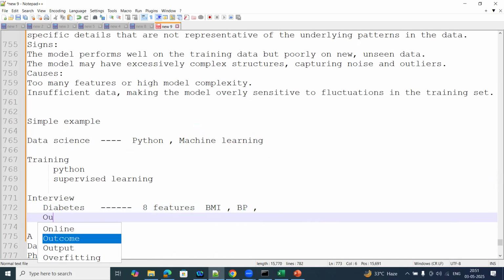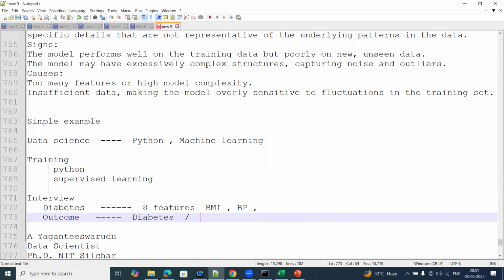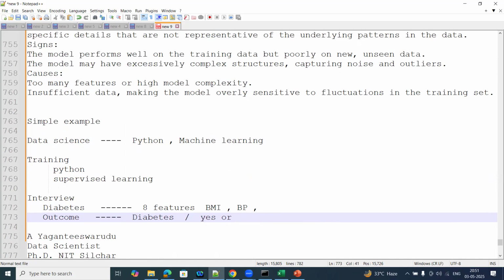And finally, the outcome is whether the patient has diabetes or not, yes or no. Let us assume this kind of question they asked. Then they will ask some innovative question like, you have been given this diabetes data set. On top of this data set, what kind of machine learning algorithm are you going to apply? What category are you going to apply?